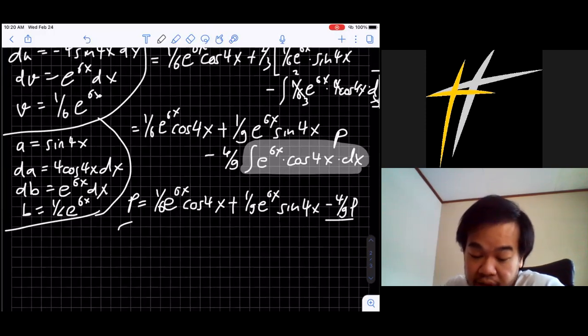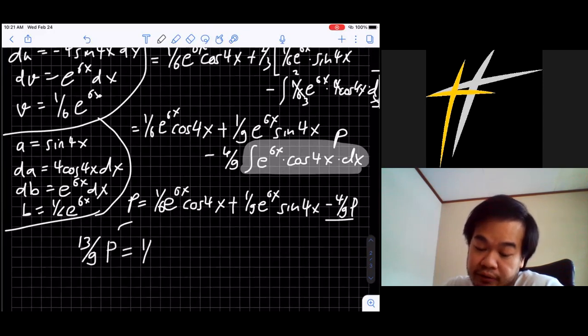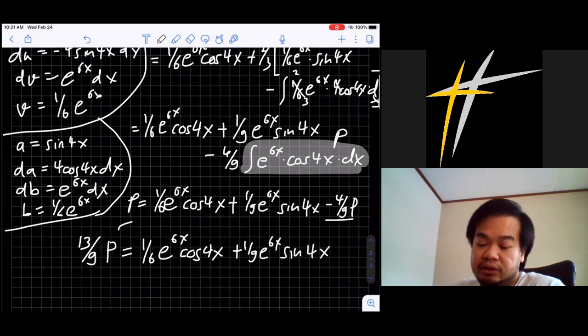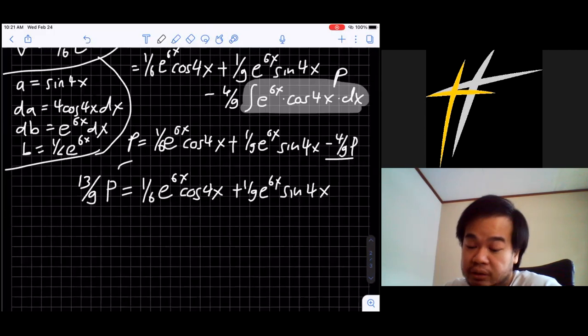So we have 13 over 9 P is equal to 1 over 6 e power of 6x cosine 4x plus 1 over 9 e power of 6x sine 4x. And then we just need to multiply by 9 over 13 on both sides.